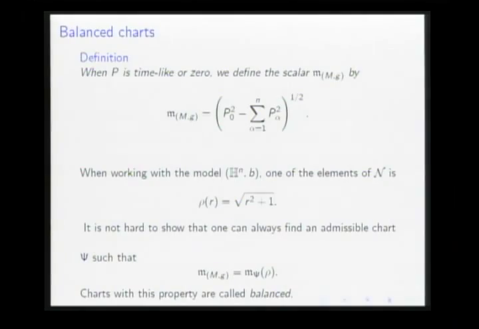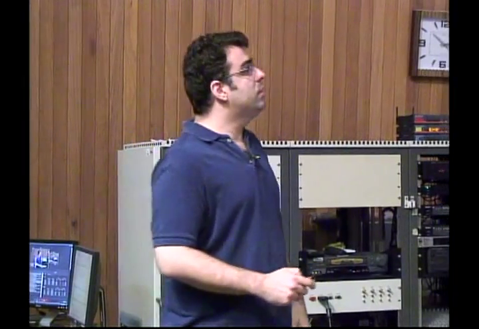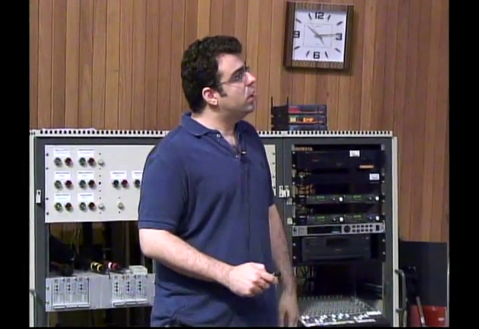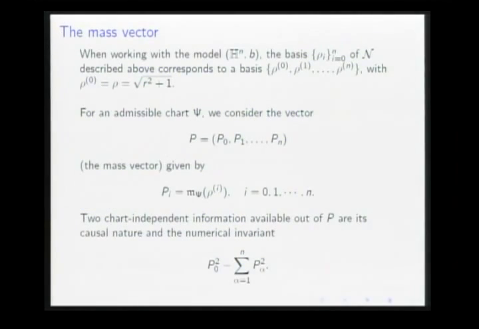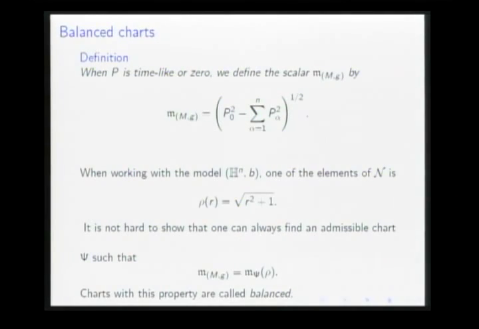You can change the manifold using an isometry, so that this number is actually the functional applied to this function rho, which is the first function that showed up when we were describing N. We call charts that satisfy this balanced.